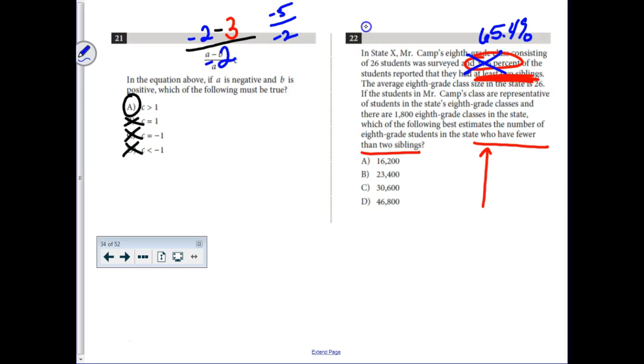So 26 students times 65.4%, I'm just going to write it like that, equals, someone calculate that for me?